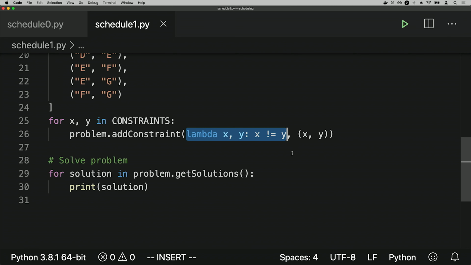And the constraint basically says the function that takes two variables, x and y, and makes sure that x is not equal to y, enforcing the idea that these two classes cannot have exams on the same day. And then for any constraint satisfaction problem, I can call getSolutions to get all the solutions to that problem. And then for each of those solutions, print out what that solution happens to be.